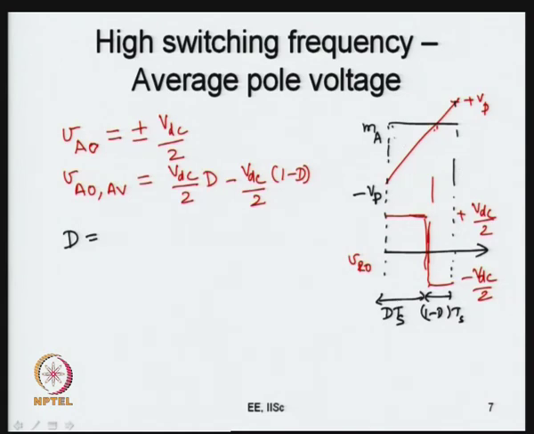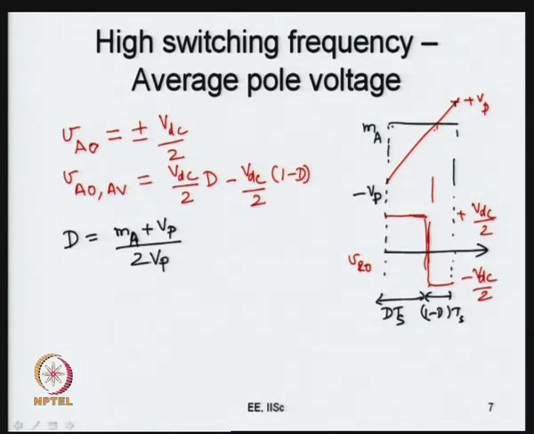For a duration of time equivalent to MA minus of minus Vp, the top device is on. For the remaining duration equivalent to Vp minus MA, the bottom device is on. So, I can say MA minus of minus Vp, that makes it MA plus Vp divided by 2 Vp. This is the duty ratio.